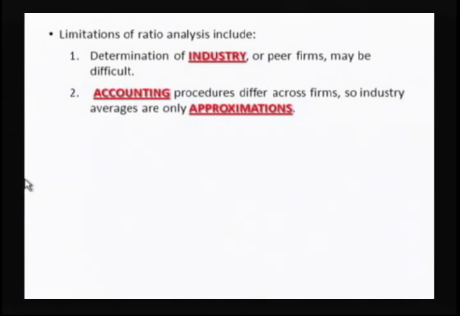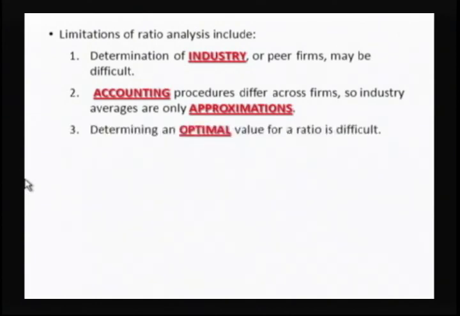So it's hard to compare a firm to an industry average if its accounting treatment of things might differ quite a bit. Determining an optimal value for a ratio is difficult, such as should the current ratio be 2 or 5 or is 10 better? Well, it really depends on the nature of the firm and how much liquidity is really needed. So it's difficult to determine the optimal value for a ratio. And the industry average may not be optimal.